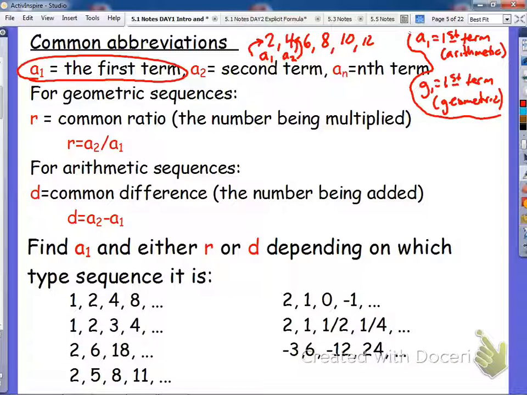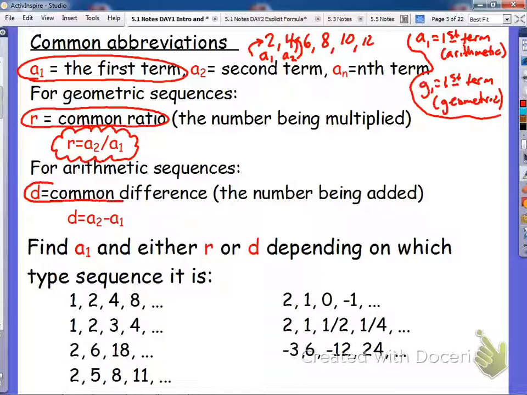Now also, you're going to see this little thing right here, R, okay? That's really important. It's the common ratio. And I want you to bubble in that formula. It is super important. We're going to use it over and over and over again today.